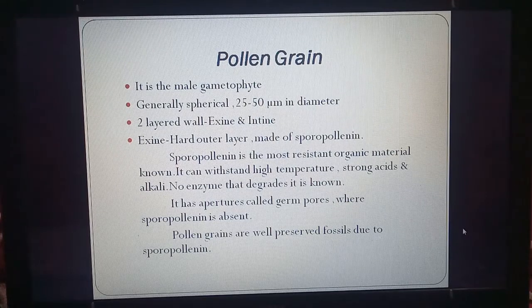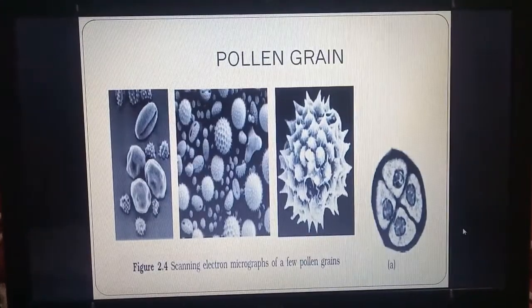So pollen grains form good fossils because they do not decompose. Here we can see the left hand side figure is a view of pollen grains of different flowers. They are of different shapes, and the A diagram is a tetrad. We can see 4 pollen grains combined.